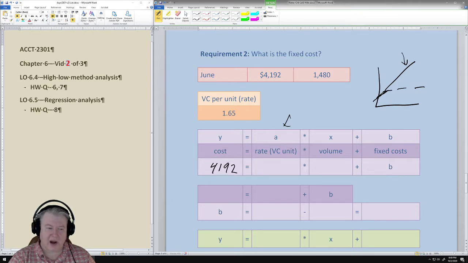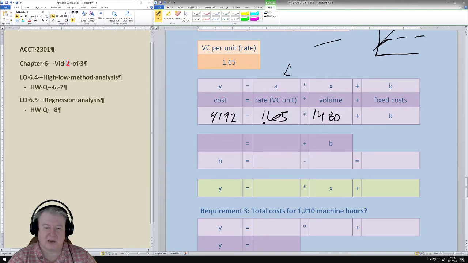$41.92. We figured out this rate of $1.65. The volume is, this is the volume, 1480. And we would just solve for B. And it just so happens if we go through the process of solving for B, we get 4192.